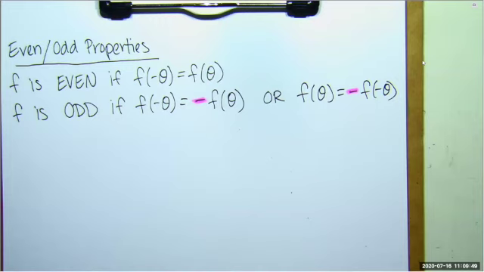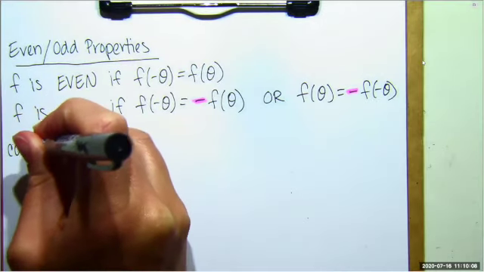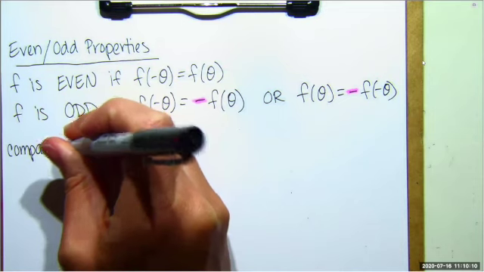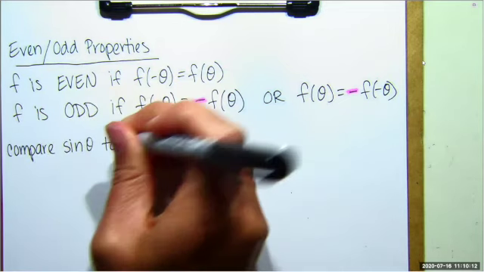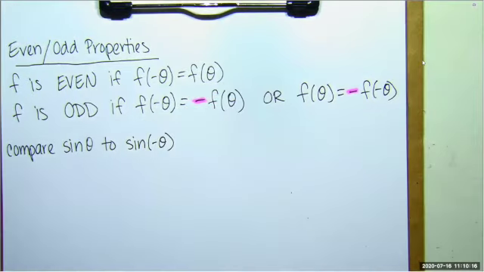Okay, so what I want to do is, again, I want you guys to think through this. Instead of me just telling you whether sine, cosine, and tangent are even or odd, I want us to explore this together and figure out which of the trig functions are even and which are odd. So we need to compare sine of theta to sine of negative theta and see if we get the same value or the opposite sign.